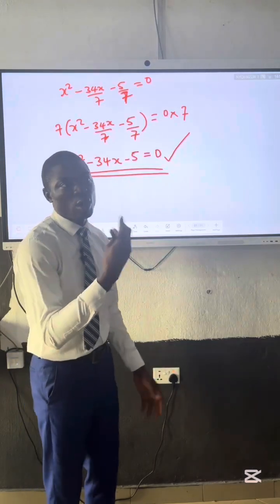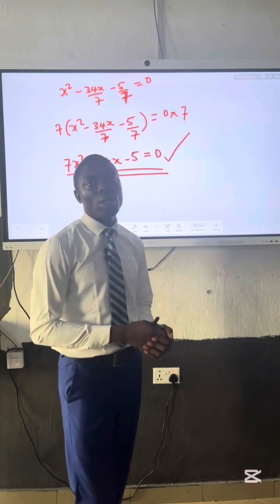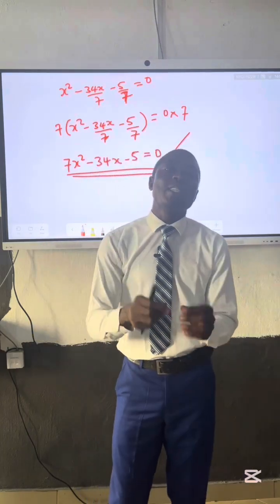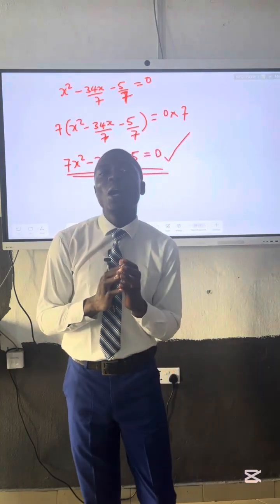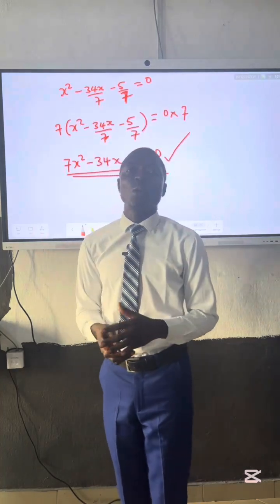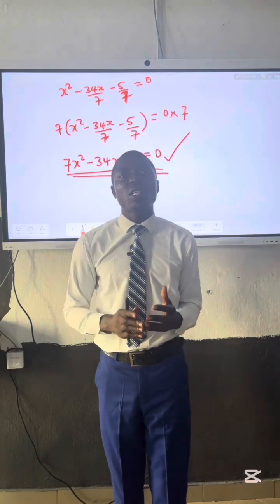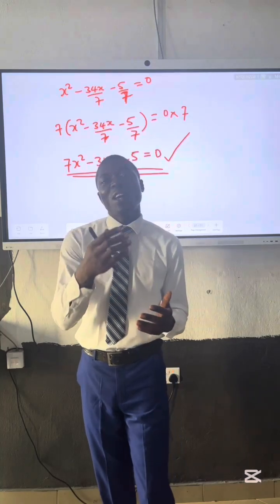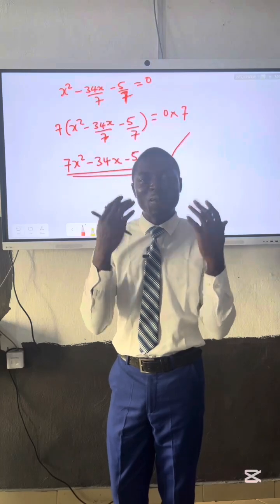That's the answers of what were given from the beginning of the question. So this is how we handle equations of this type. There is another method, but for the sake of this video, we're going to make do with this. Then in another subsequent video, I will come up with the second method, which may be shorter and faster than this one. Thank you very, very much for watching till this time.